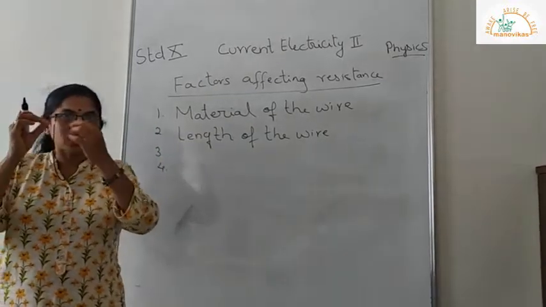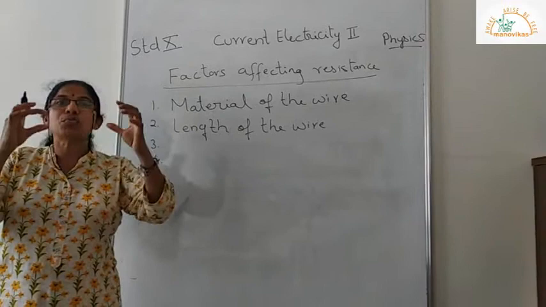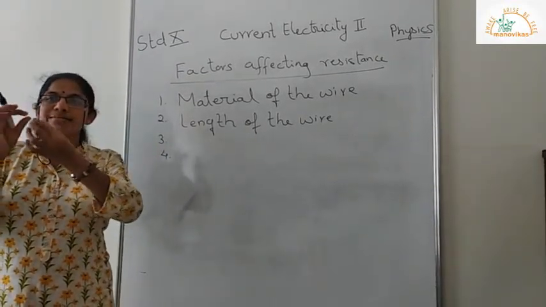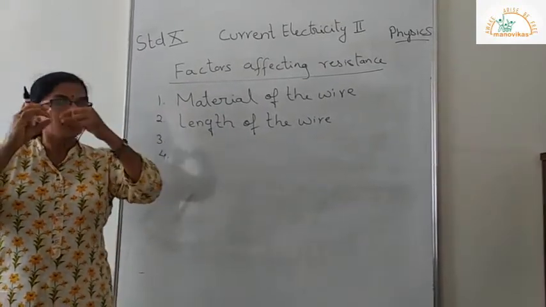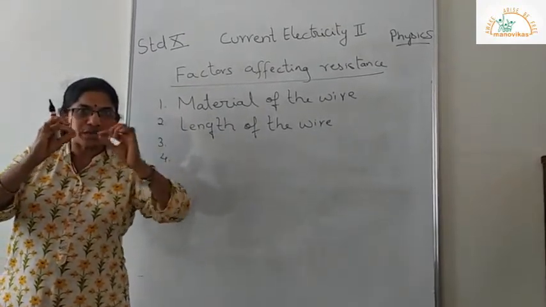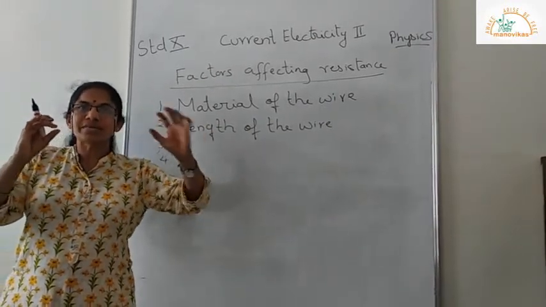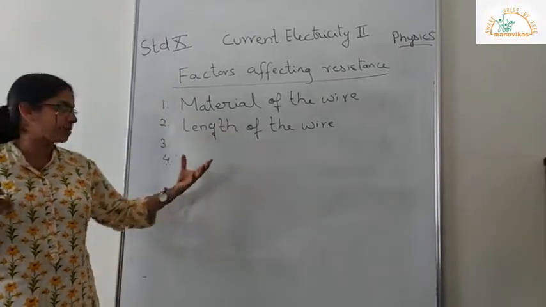Because if you look at it from a microscopic point of view, as the length becomes longer, the electronic composition will be different. There will be more positive ions. So in fact, with length, resistance increases.